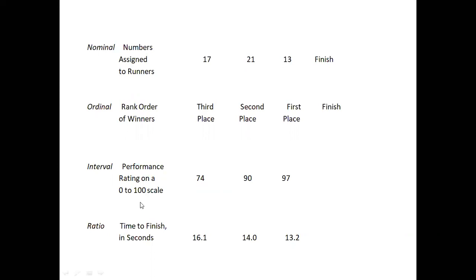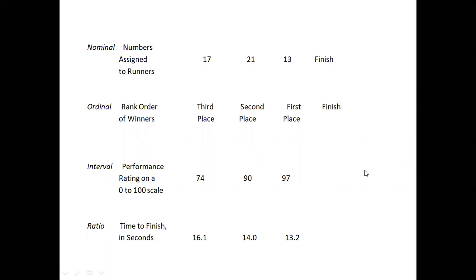Performance rating on a 100 to 0 scale. This is another example. We'll take the same example of the running race. Third place was reached by Gyanappa with 14.14 seconds. Second place reached by Kavya with 13.00 seconds. First place reached by Kasim with 12.36 seconds.